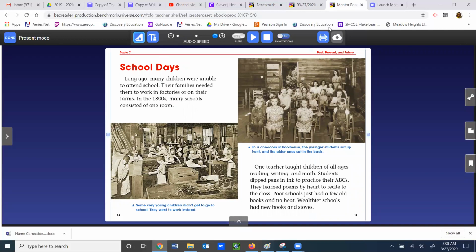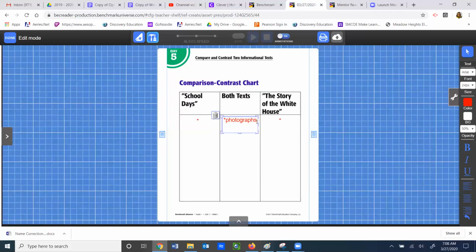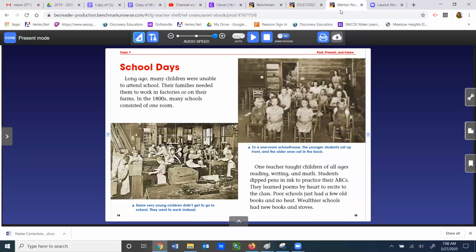So something else about both of these texts is that they're both informational texts. We can also put that in our chart, so let's add that. Let's make this a little bit bigger so we can still see it. Now, although they are both informational texts, the author presents the information differently.